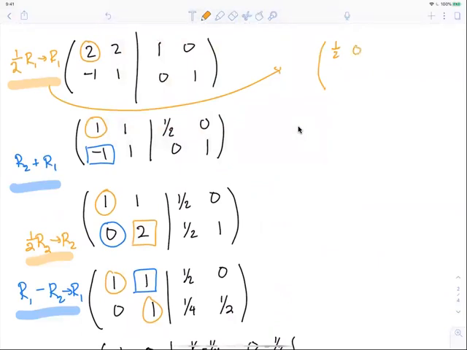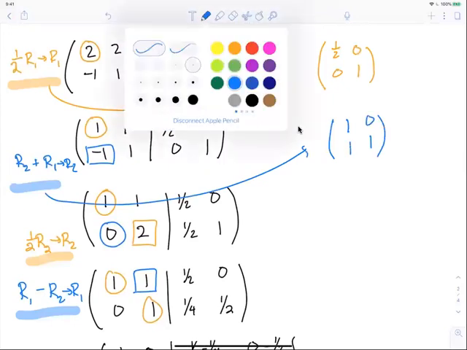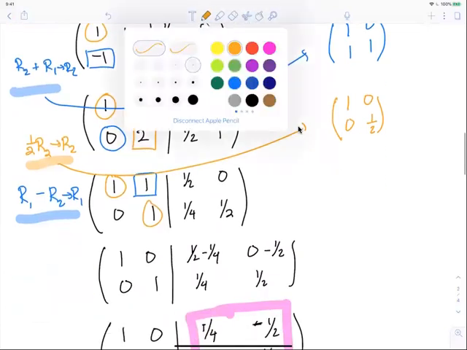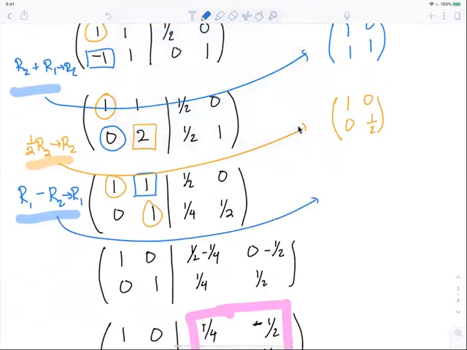So you can encode that one as a matrix. This one went into row 2. So you can encode this one as a matrix. This one scales the second row. And finally, this one is a multiple of the second row added to the first.